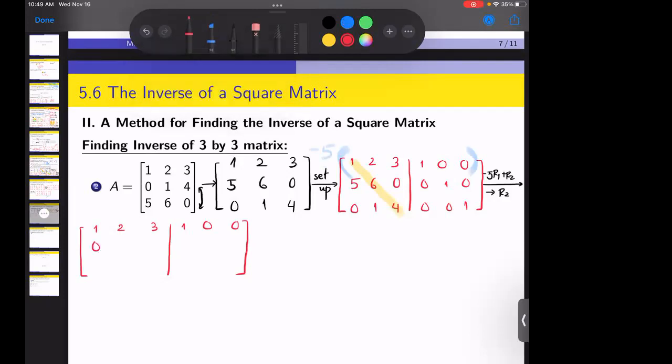So 0, negative 5 times 2 is negative 10, plus 6 is negative 4. Negative 5 times 3 is negative 15, plus 0 is negative 15. Negative 5 times 1 plus 0 is negative 5. And negative 5 times 0 is still 0, plus 1 is 1, and 0.